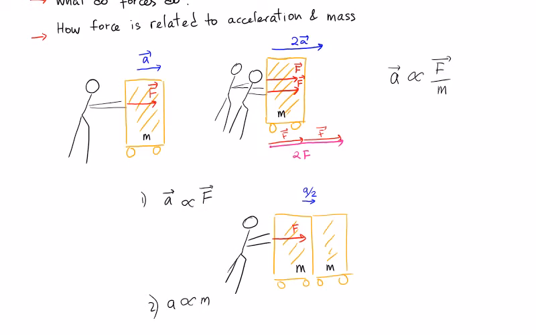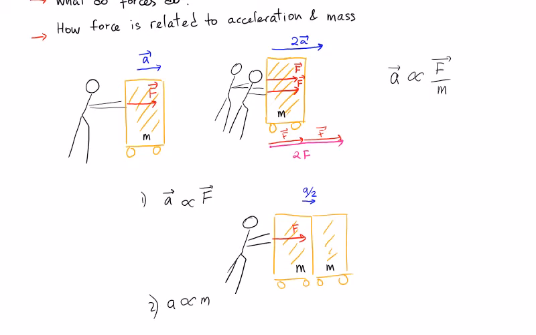This relationship is summarized in Newton's second law. We have already seen that the force causes an object to accelerate, and the acceleration a is directly proportional to the force F and inversely proportional to the mass.